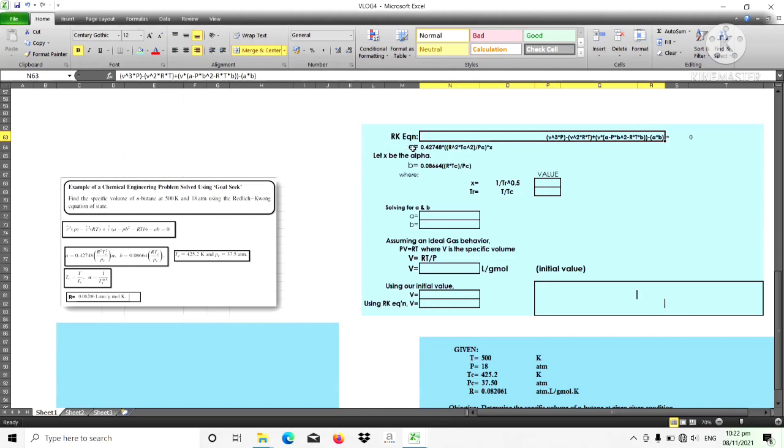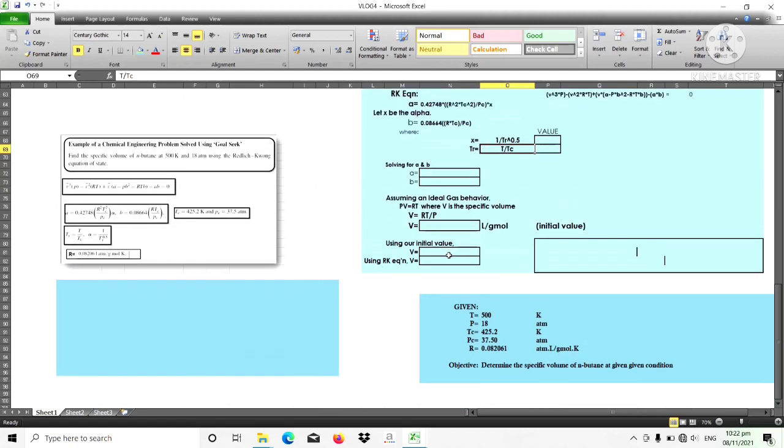We also have A, which we can use to further solve this equation, and also our B, which is this one. This is the formula, where our X is equal to this one, and the reduced temperature is this one also. So solving for A and B, we also have this given.